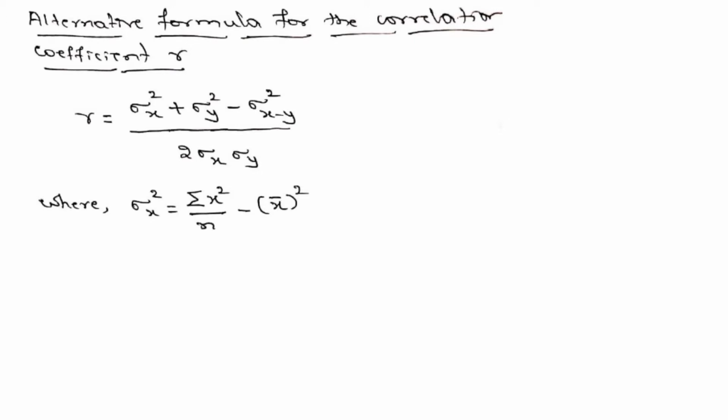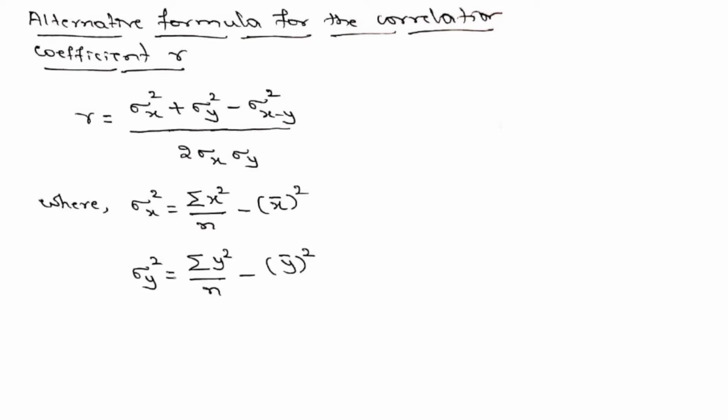Where, how do we find sigma x square? By using the formula summation x square divided by n minus x bar whole square, where n is the number of observations and x bar is the mean of all x values.